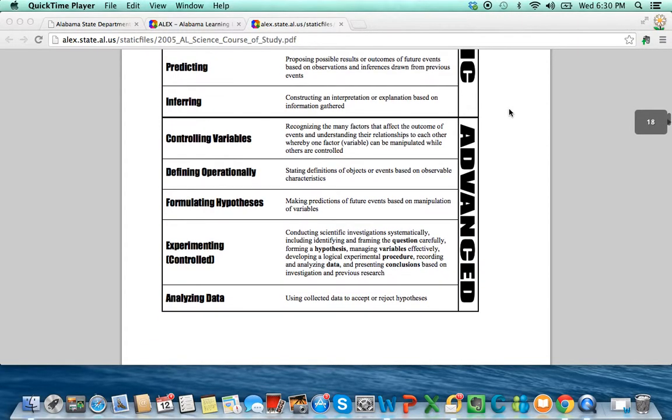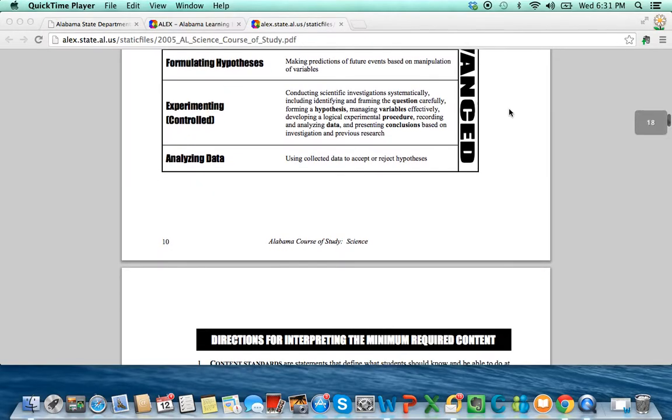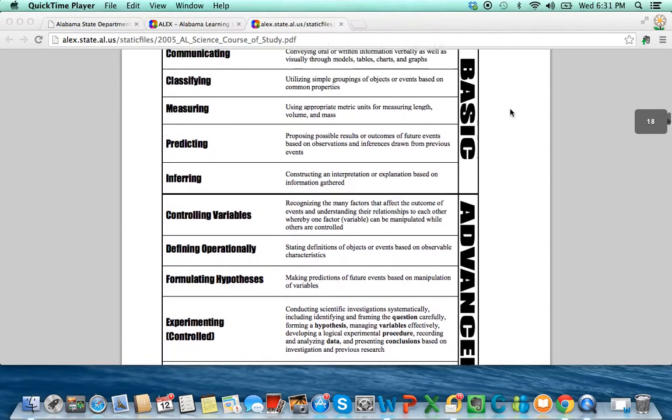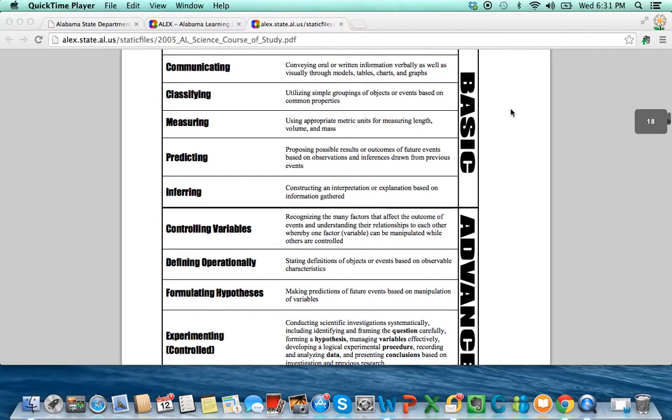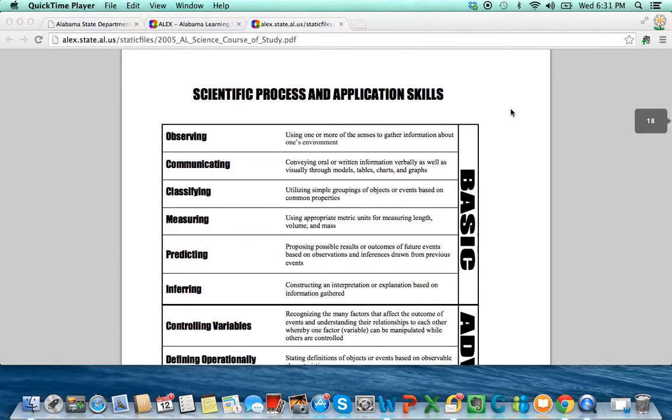Then the more advanced skills, of course, are those that go about planning and doing experimentation and making use of the data, controlling the variables, defining operationally, formulating hypotheses, doing controlled experiments, and analyzing data. So these are the science practices that were valued in this course of study.